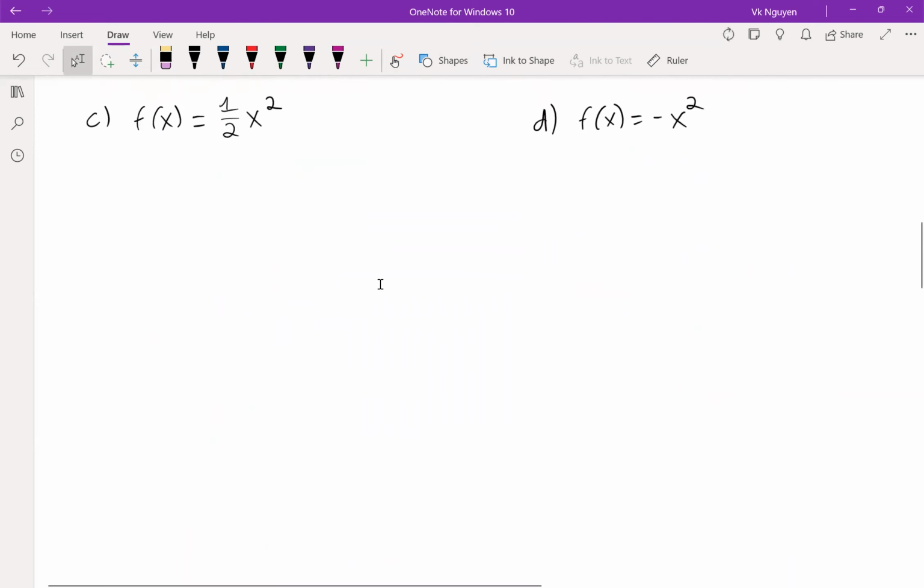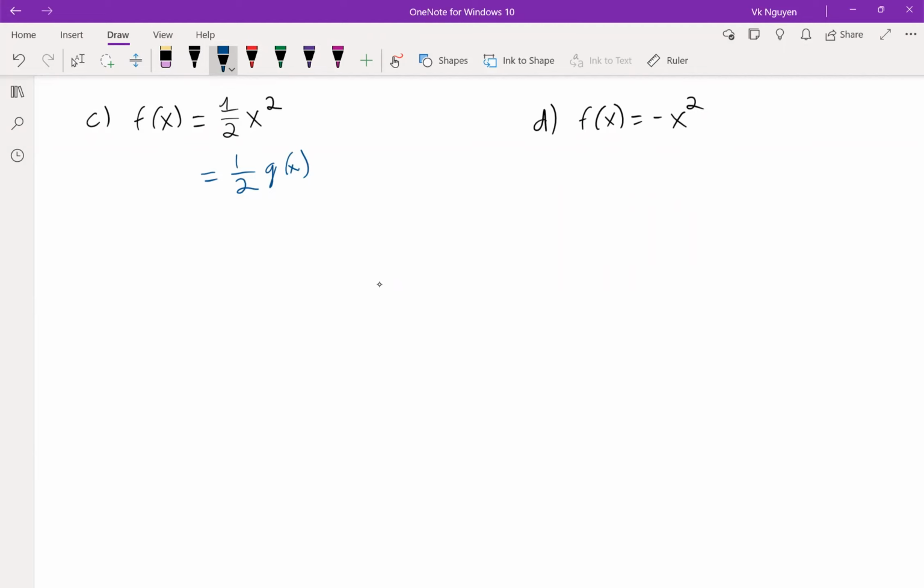C, f(x) = 1 over 2 x squared. This is 1 over 2 of g(x). What this means is that for every output, the output is getting smaller.